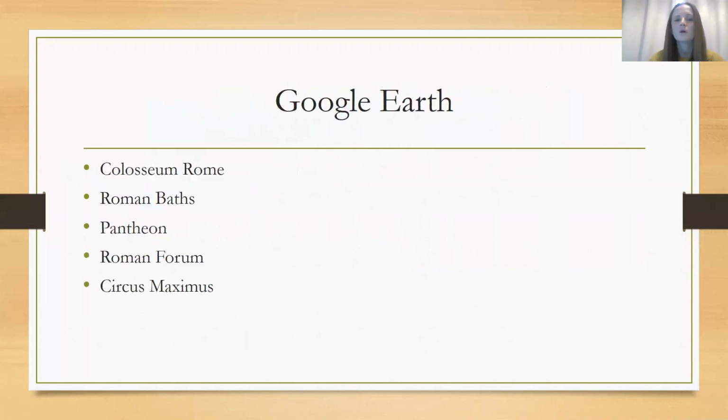So we're going to look at the following, and I'm going to jot them down, and I would suggest you do the same because you can then go and do this yourself when you are at home. We're going to use Google Earth today to look up the Colosseum in Rome.